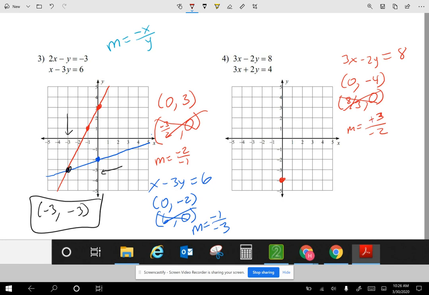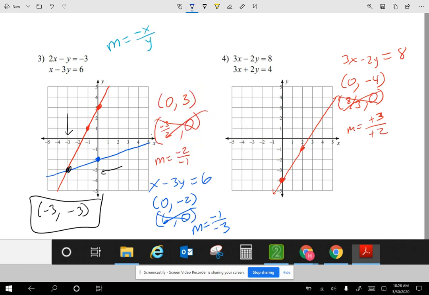Negative over negative, they can also become positives. So make sure you switch both signs. Now that one says go up 3, 2 to the right.